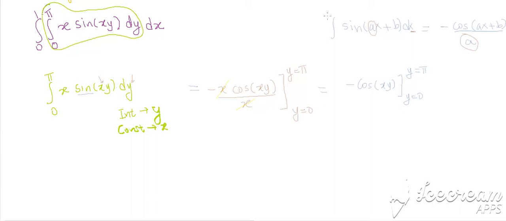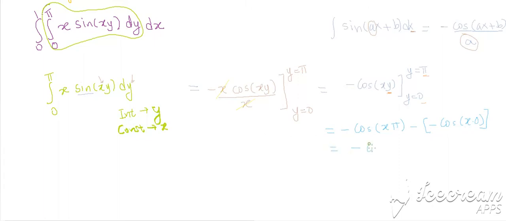Now substitute the limits. What are we going to do? We are going to replace y one time with pi and minus with 0. So this gives you minus cosine of x pi, minus of minus cosine of x into 0.